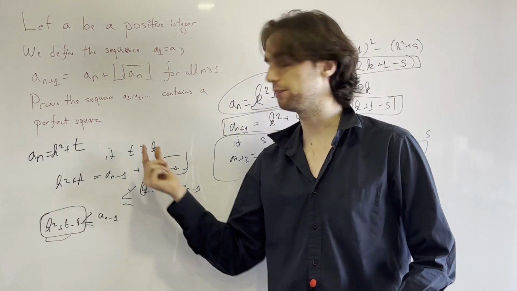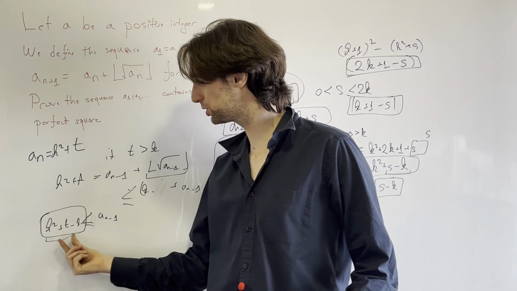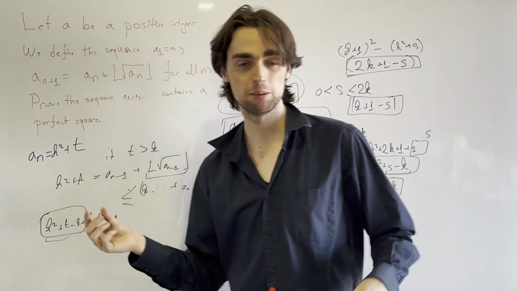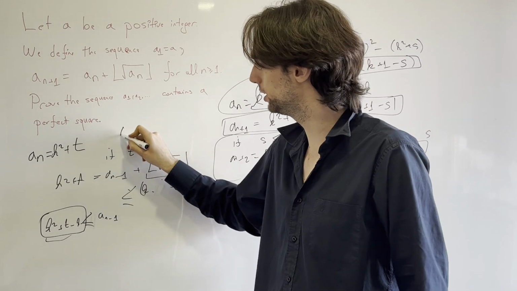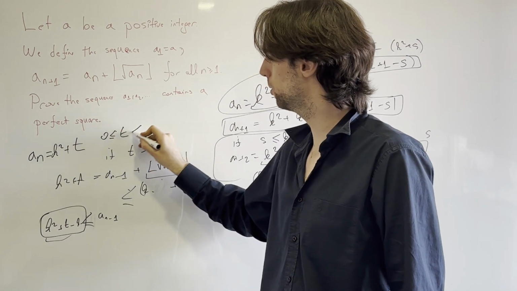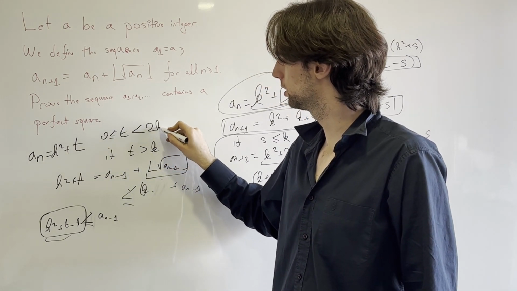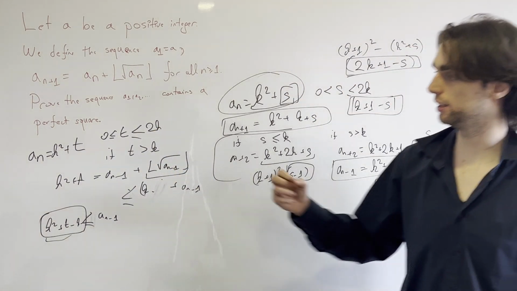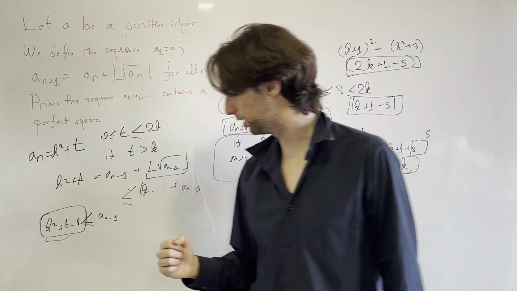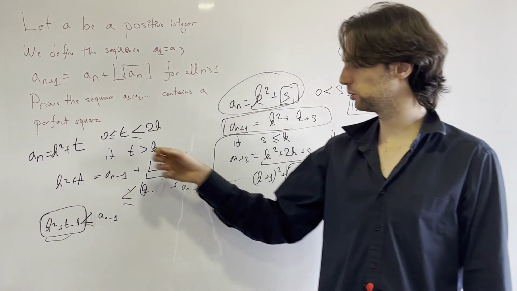And if t is greater than k, then this is closer to k squared than t was. But I'm looking at the t such that this is smallest, where t is between 0 and 2k, right? I'm looking at the t with the smallest such representation. So this isn't the case.